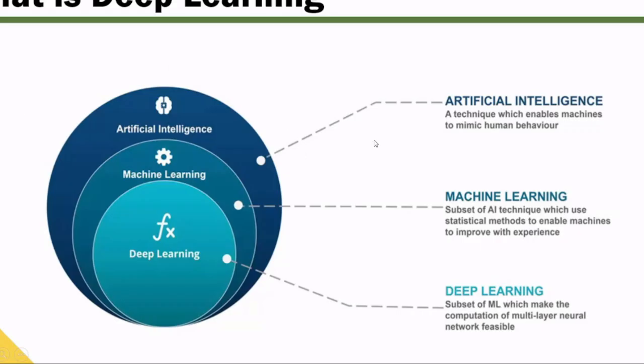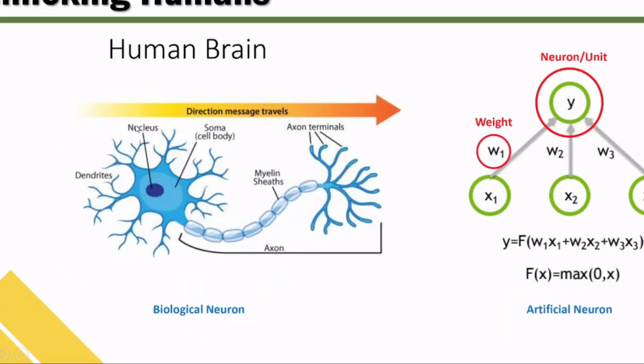This is a functional representation of deep learning, how it is derived from artificial intelligence and machine learning, followed by deep learning. Actually, it is a subset of machine learning that makes the computation of multi-layer neural networks feasible. You look at how the human brain's basic unit is the neuron.